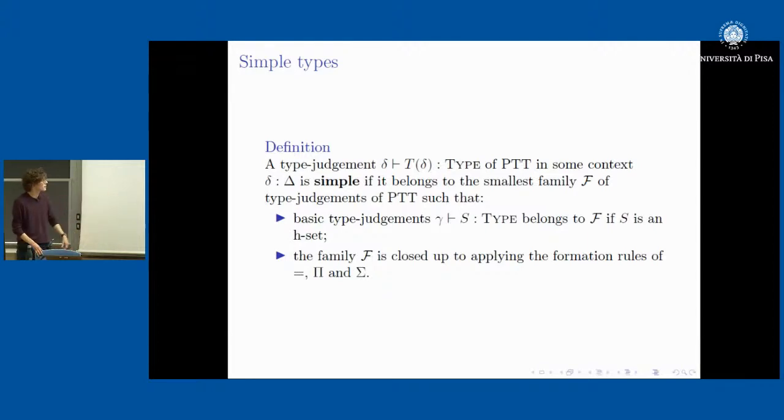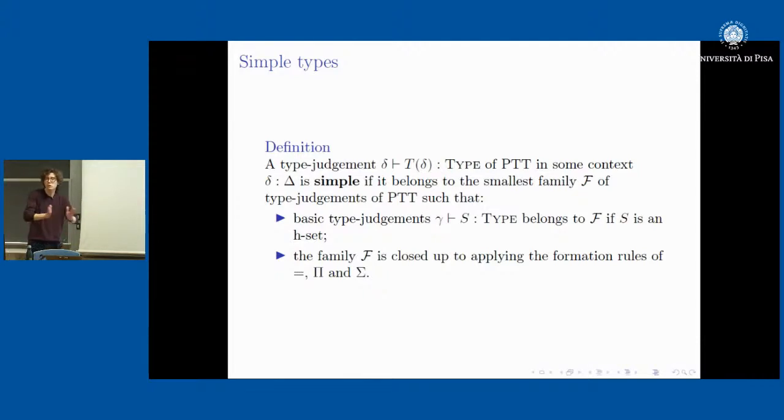The first one is that all the basic type judgments of PTT, which are H sets, need to belong to F. And the second condition is that the family is closed under the formation rules of ID, Pi, and Sigma.